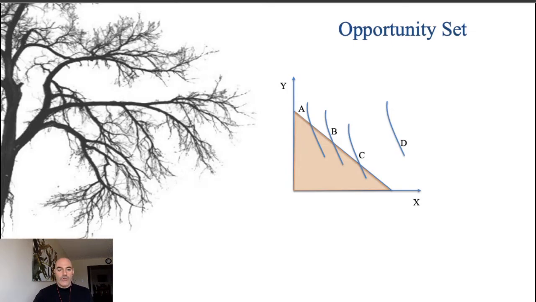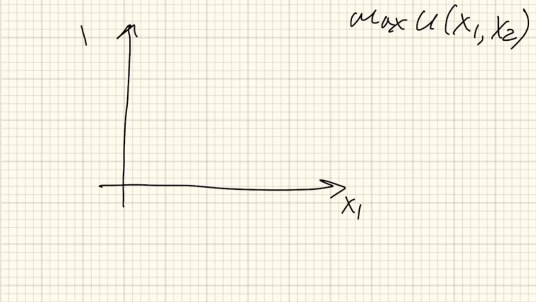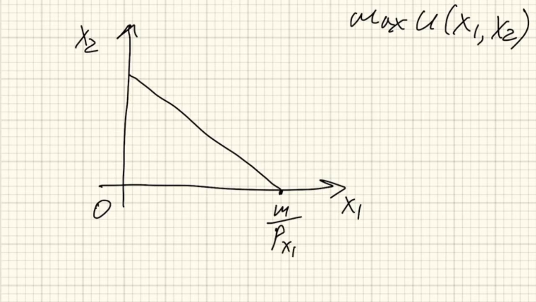Let me go to my notepad here, and I will quickly show you why this is so important. When you are maximizing a utility function with two choice variables, x1 and x2, you are looking at the budget constraint, which is income divided by price of x1, and right here income divided by price of x2.